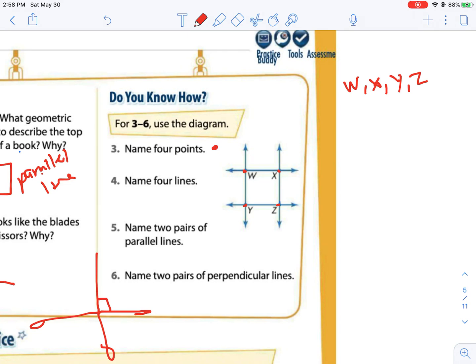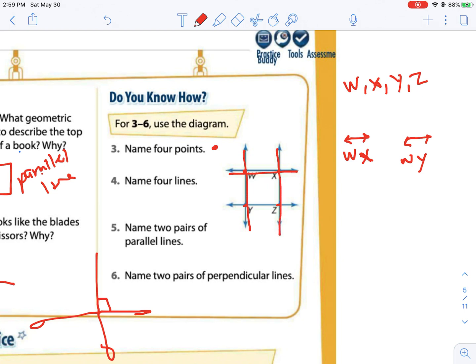All right, the next question says, name the 4 lines. We kind of did this when we were naming angles, but this time when you write your lines, you're going to draw the little arrows so that you can show that those are lines. I'm going to look at this line right here. This would be line WX. There's another line. If I look at this line here, that is, I'm sorry, that should be an X. Line WY, that would be that line.